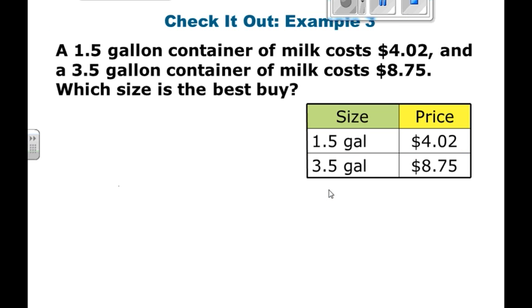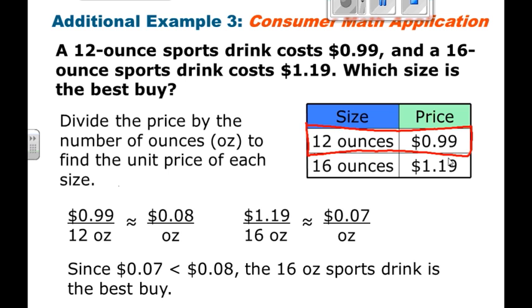So we're going to take the 99 cents over the 12 ounces because it wants to know the price per ounce. Per ounce means that you put the 1 ounce on the bottom. So 99 cents for 12 ounces is the same thing as 8 cents for 1 ounce. That's the unit rate. We divided both the 99 cents and the 12 by 12.